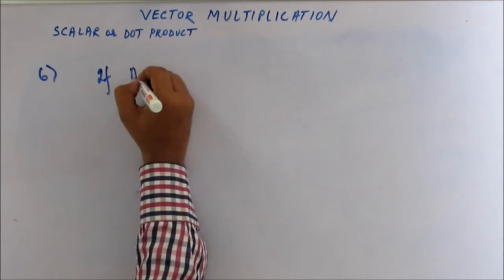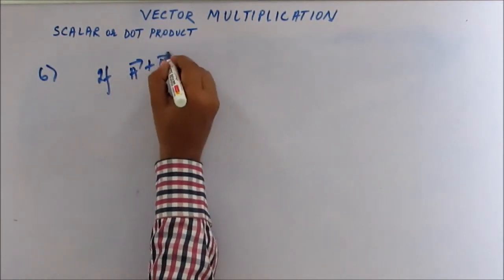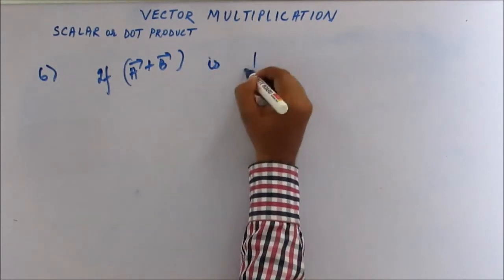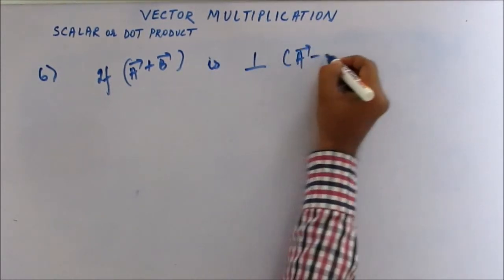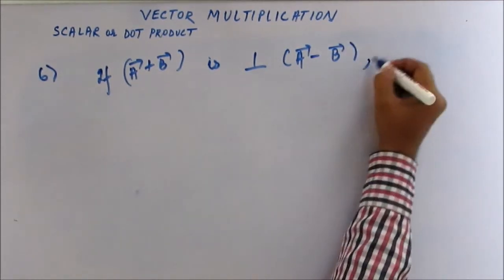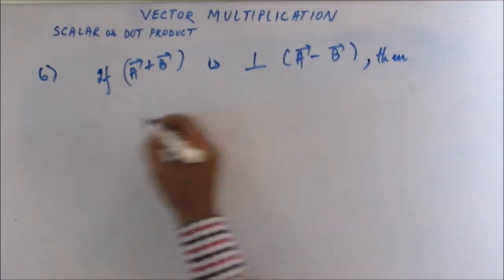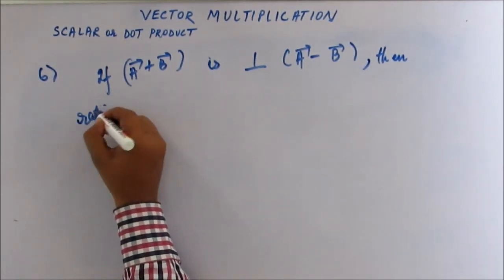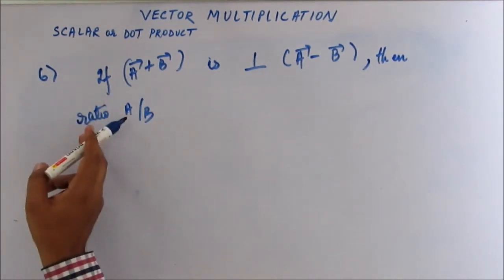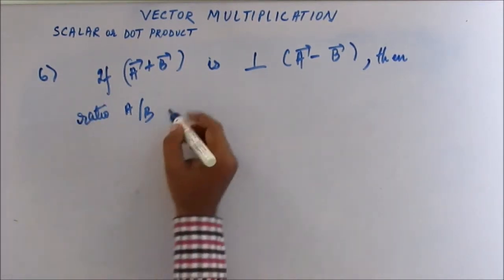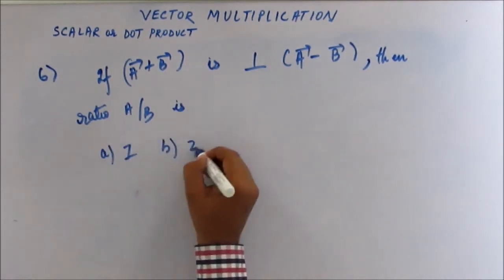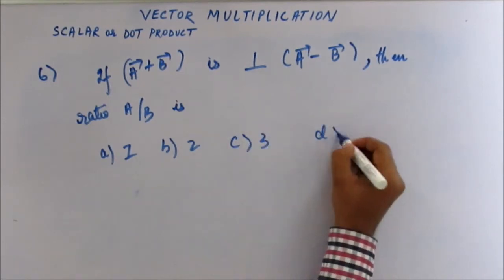The thing is, if A vector plus B vector, the resultant of this vector, is perpendicular to A vector minus B vector, then find the ratio of A by B. You understand, when we don't write this arrow, this is the magnitude of A and this is the magnitude of B. Your options are 1, 2, 3, 4.